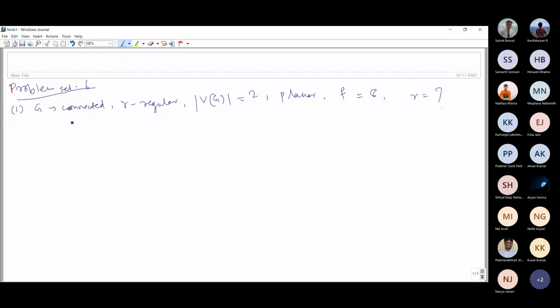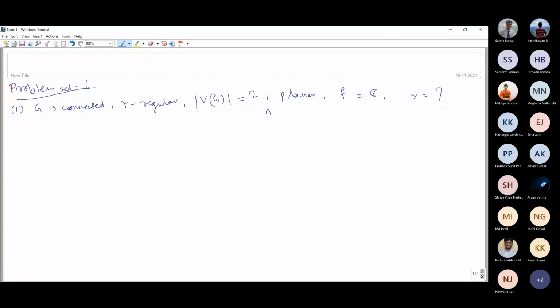See, it is a planar, connected, regular graph. Of course, it should also be simple. We can use Euler's formula. To use it, we have to find the number of edges.